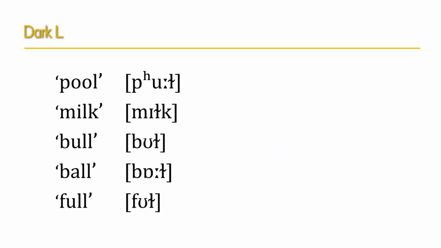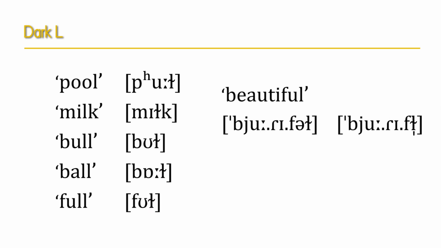When you say rhyme, it could be in the nucleus or it could be in the coda, right? In here, it's always in the coda, because here in the coda you have two consonants. In milk, here in pull, you have one consonant. Bull, ball, and full. But let me give you another example, like even beautiful.